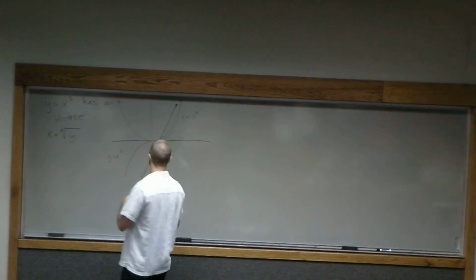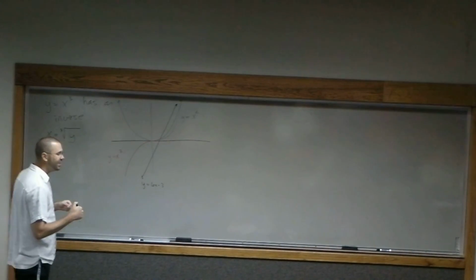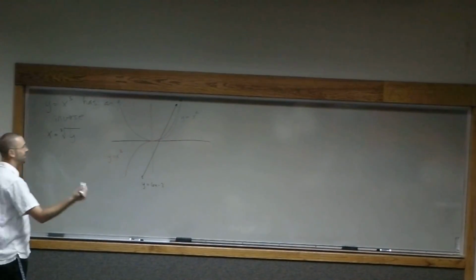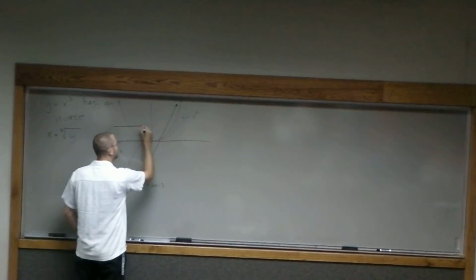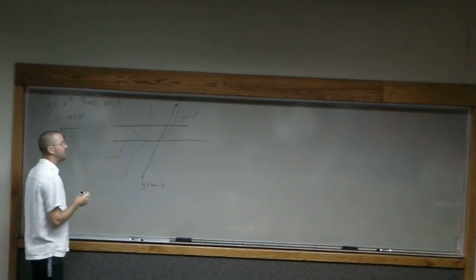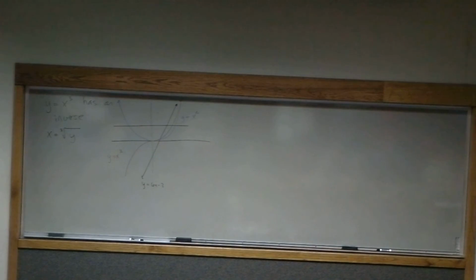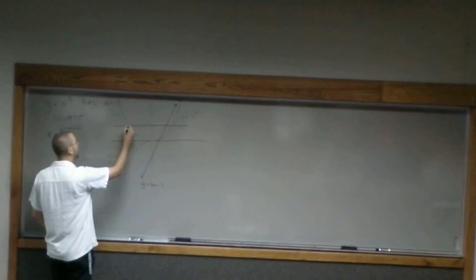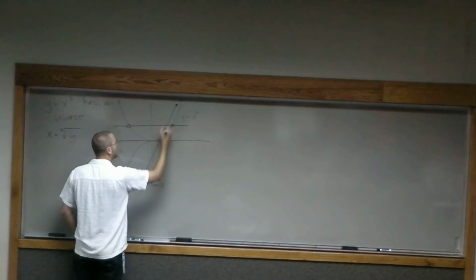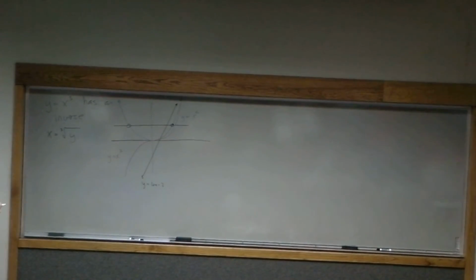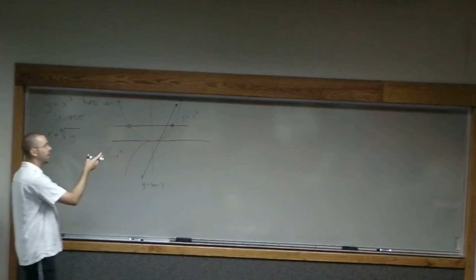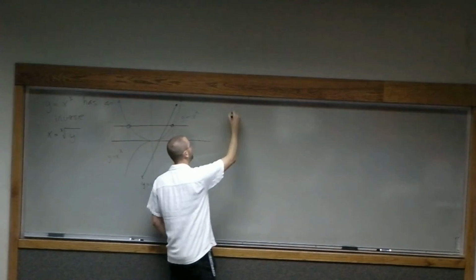What kind of line? Horizontal line. Yeah. All right. If I draw a horizontal line, notice that the horizontal line that I've drawn here passes through the blue function 2 times, but it only passes through the other 2 once. That is one of the properties that we can utilize to identify whether a function has an inverse or not. This is what is referred to as the horizontal line test.